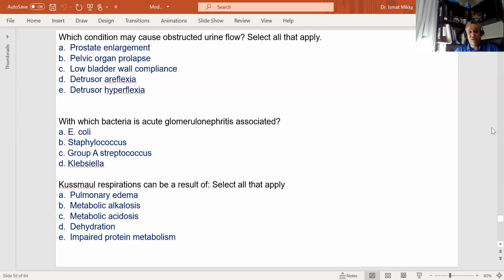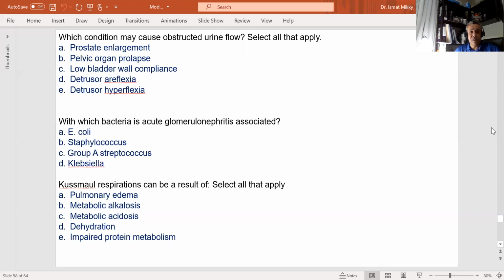Next question, the answer is A, B, C, and E. So all but D. The detrusor areflexia is a lower motor neuron disorder in which the detrusor muscle is not contractile.